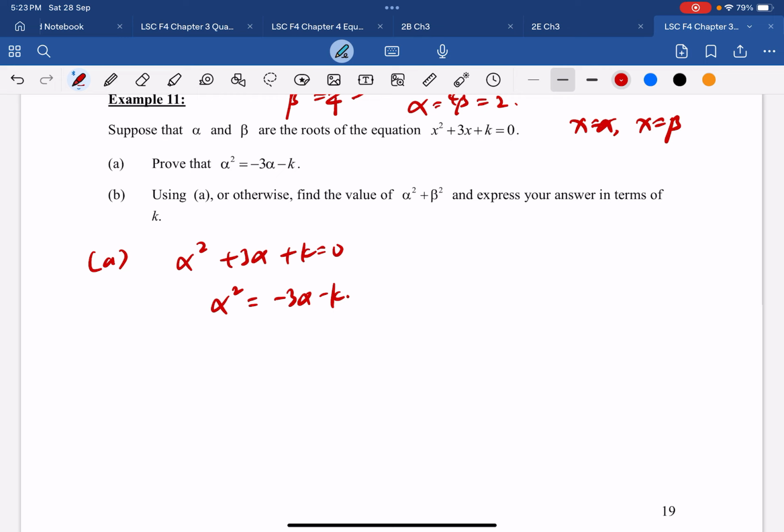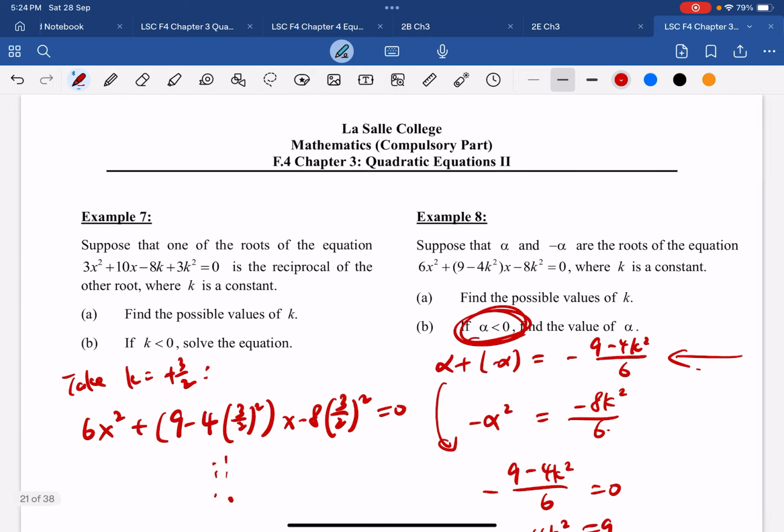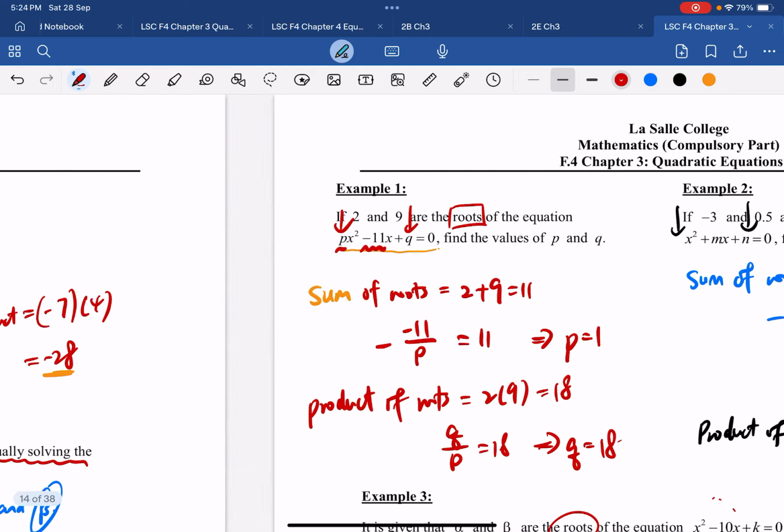明唔明？即係因為佢同你講 alpha 同 beta 係呢條式嘅 root， 咁所以你可以代翻 alpha 同代翻 beta 落去，咁你移項就做到㗎啦，明唔明？其實同之前做嗰條一樣啊。So previously we have a question about the delta, right? Example 3.